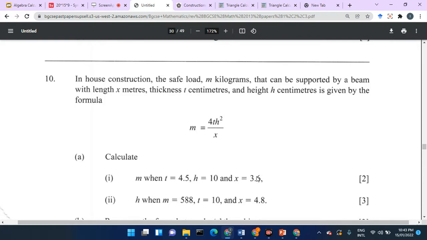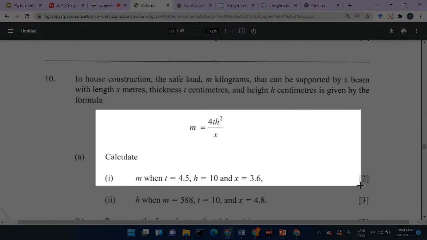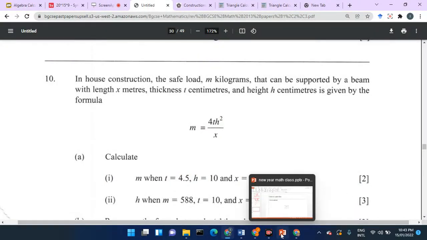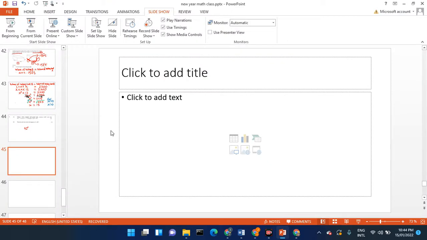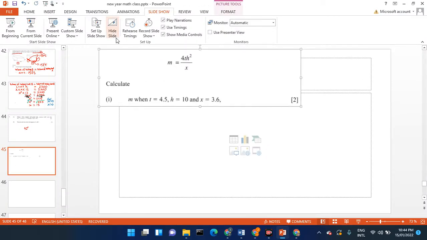So with that being said, let us answer this question. We need to determine what M is.